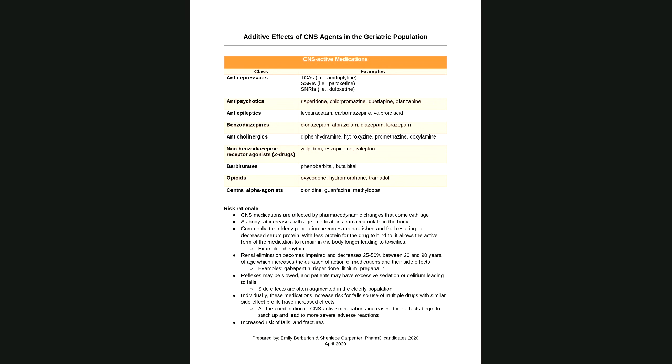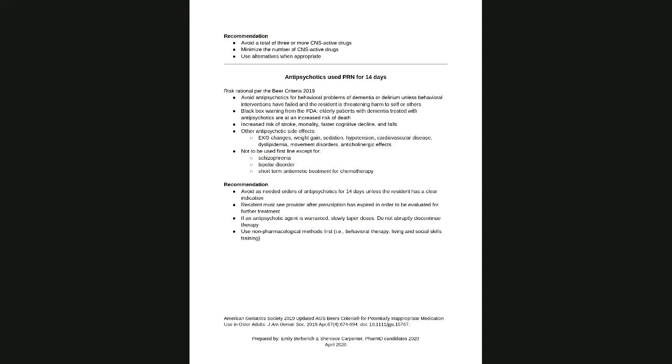So what is recommended to control this and lead to better outcomes in this population is to try to avoid a total of 3 or more CNS active medications, and try to minimize the number of CNS active drugs when possible. Use alternative medications when appropriate. So you may not be able to completely eliminate a resident's CNS active drugs because for certain indications that's what's considered first line.